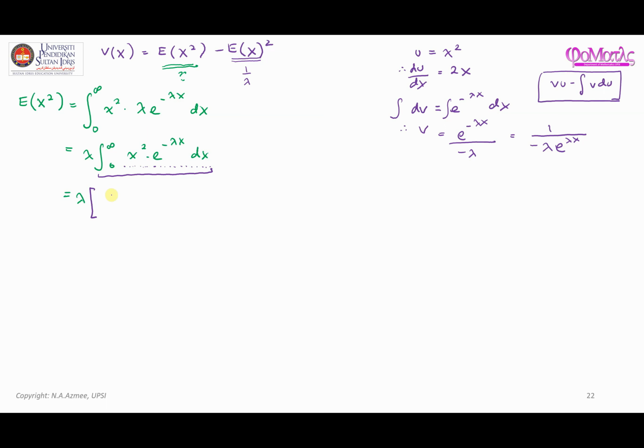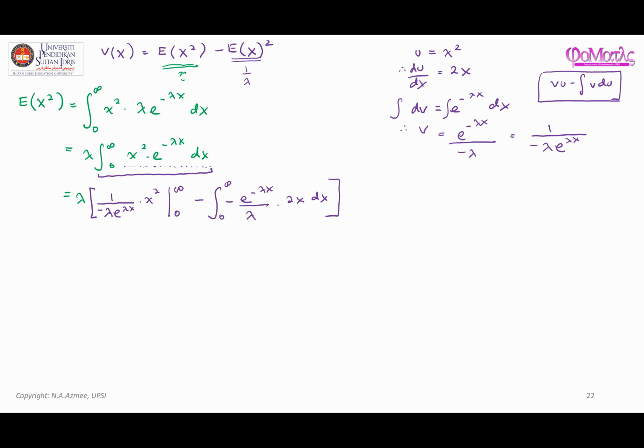You can write that as negative 1 over lambda e negative lambda x times u, which is x squared, evaluated from 0 to infinity. Now minus integral of v, which is negative e negative lambda x over lambda, and du is 2x dx, from 0 to infinity. So that's our integration by parts.